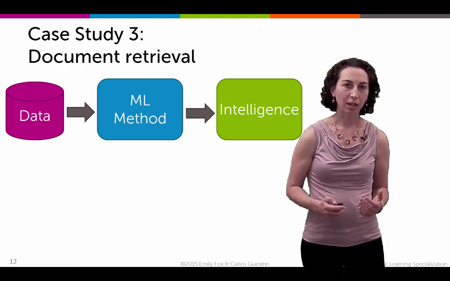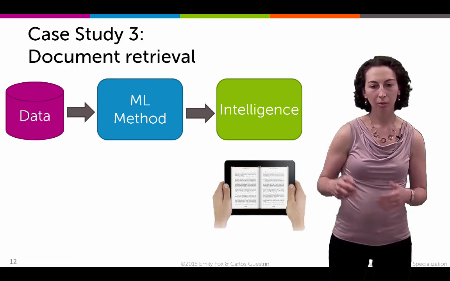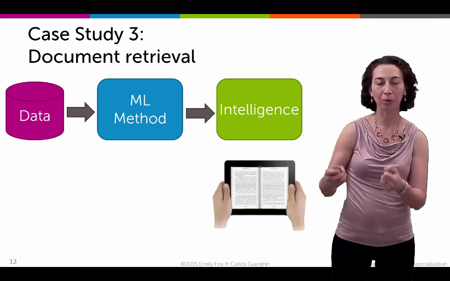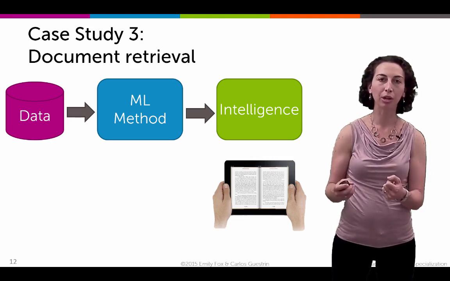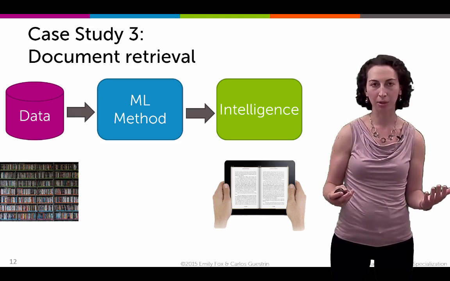In our third case study, we're going to do a document retrieval task, where here, what we want to do, the intelligence we're deriving is an article or a book or something like this that's of interest to a reader. And the data that we have is a huge collection of possible articles that we could recommend.